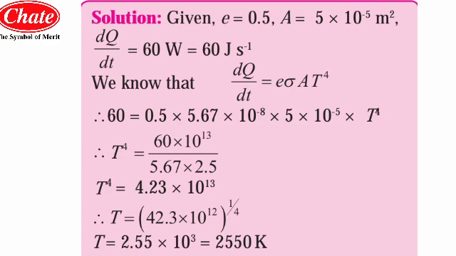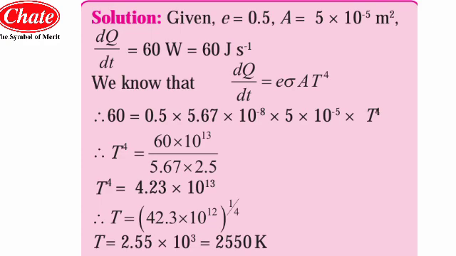So it will be converted as T raised to 4 is equal to 60 into 10 raised to 13 upon 5.67 into 2.5. So this is how we have rearranged the entire equation to obtain the value of absolute temperature.